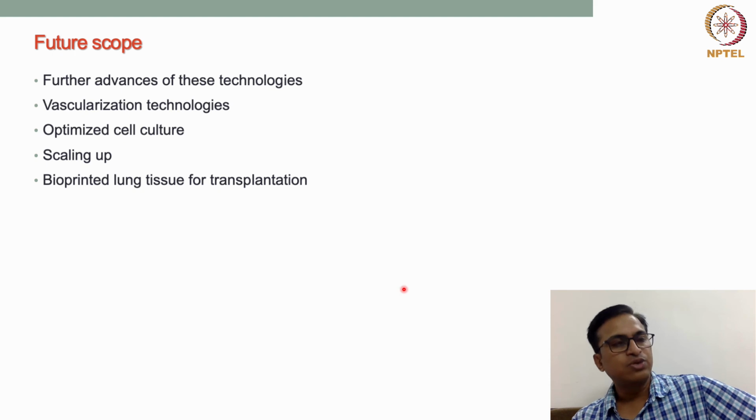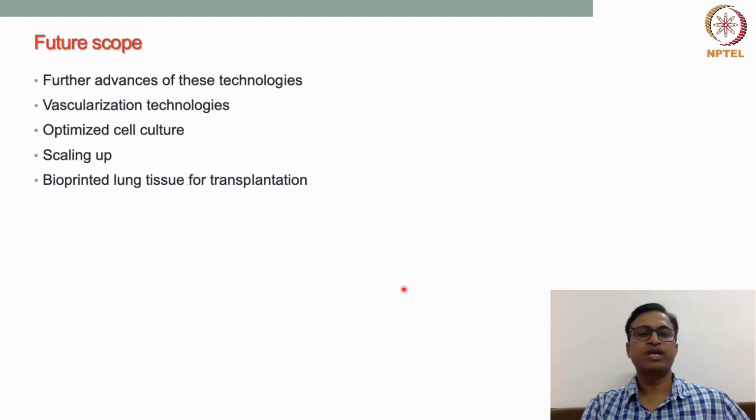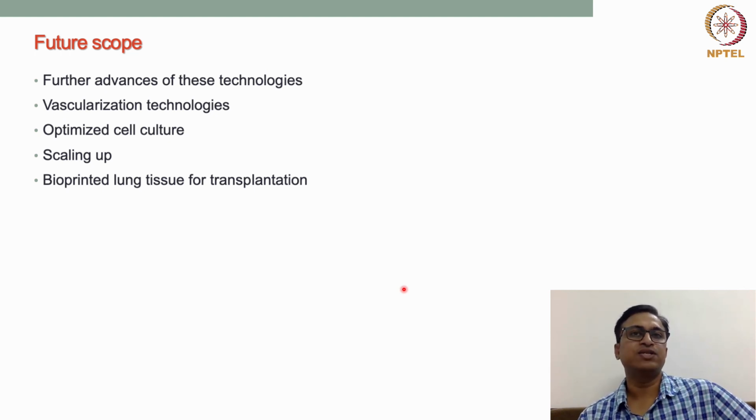As we have discussed various vascularization strategies, probably some of these strategies can be implemented to generate this vascularized tissue structure. Another thing is that cell culture has to be optimized. As we have seen, when the cells are plated or seeded, they cannot form an ordered structure, but when the cells are bioprinted, they can form ordered structures.